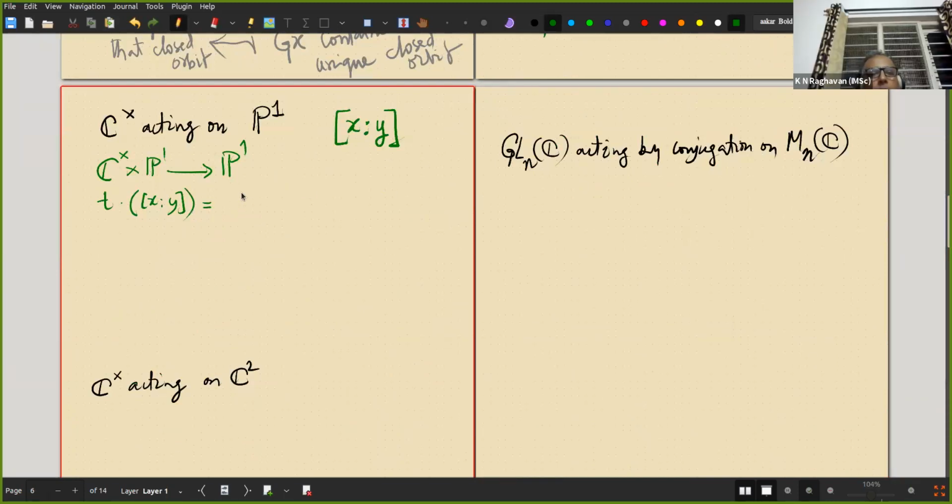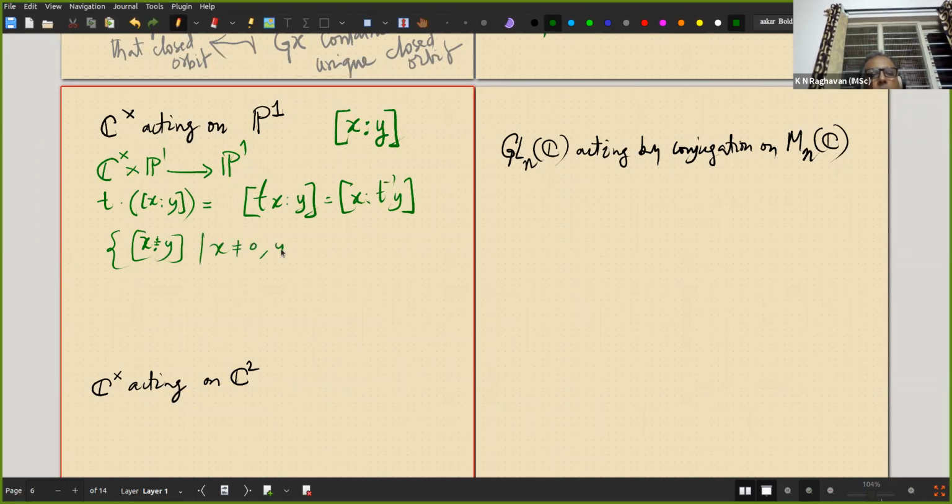Okay, so suppose I take this action and write Tx y, which is the same thing as x T inverse y. Here there are three orbits. The x not equal to 0, y not equal to 0 is one orbit.